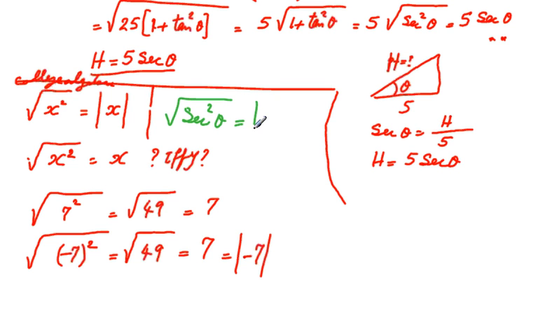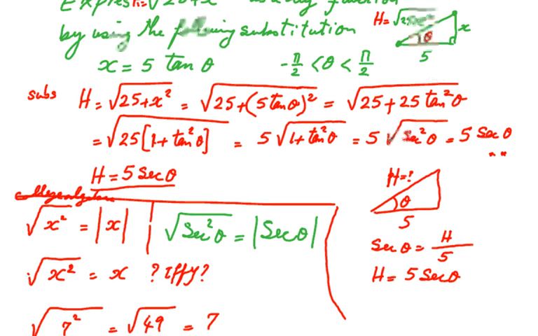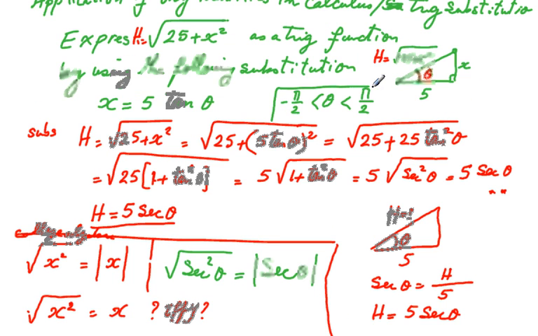To be correct, I have to say this is the absolute value of secant of theta. What rescues me from that complication? What rescues me is this definition, which I wrote and we kind of brushed aside. If theta is in the first or fourth quadrant, the cosine is of what flavor in that area? Cosine is positive. And so is secant.